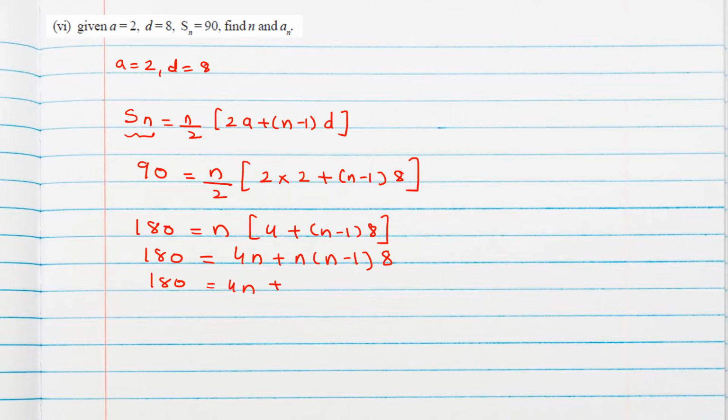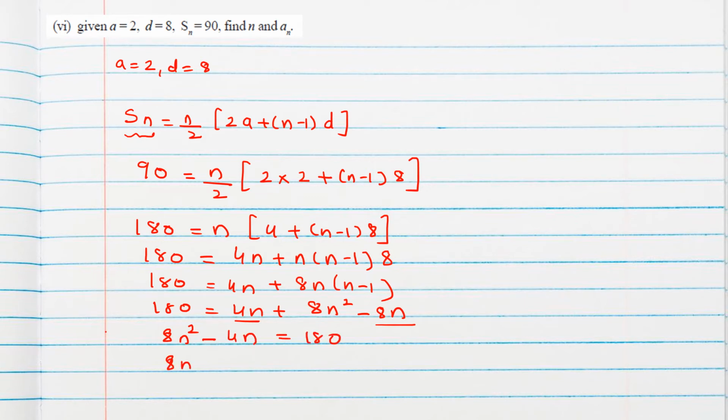So 8n is there actually. This 8 and n are in multiplication, so we can multiply this 8n with the bracket. So 8n squared minus 8n. So this 4n and 8n we can add, so minus 4n will come, equals 180.